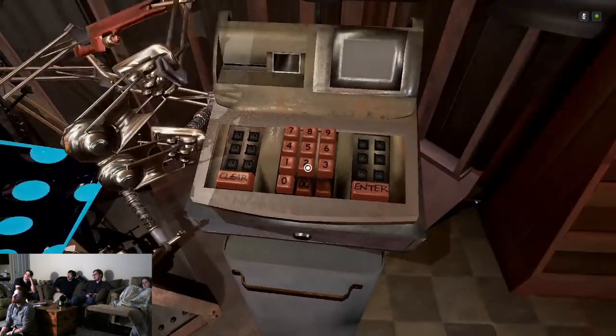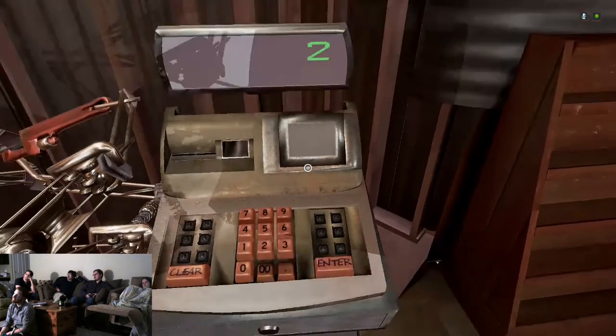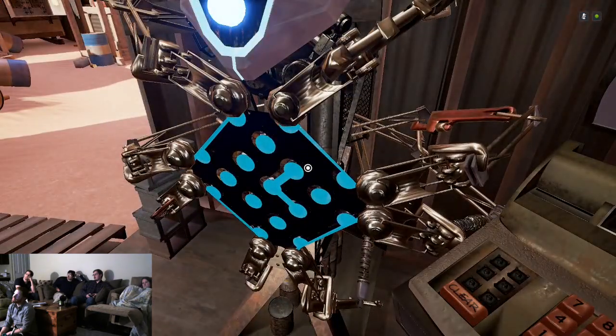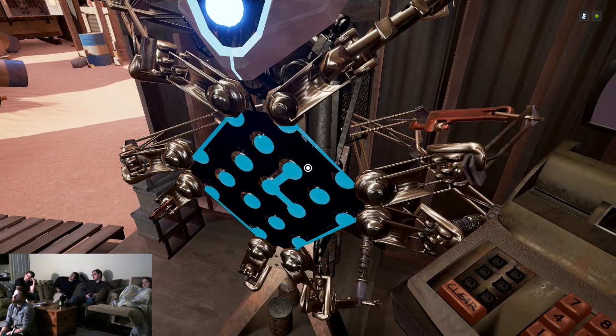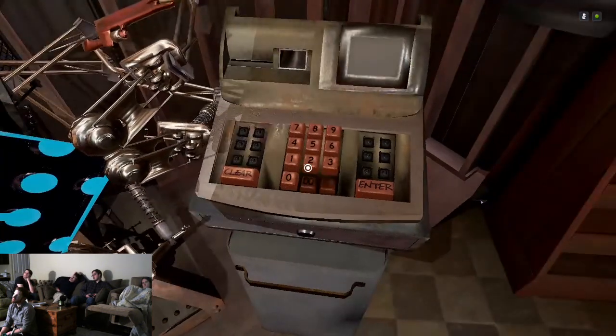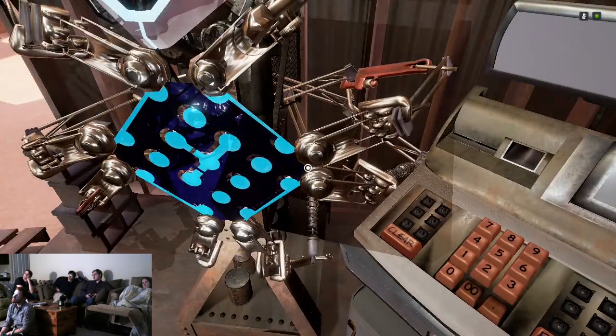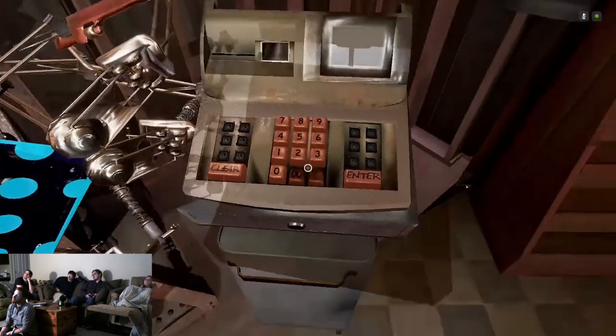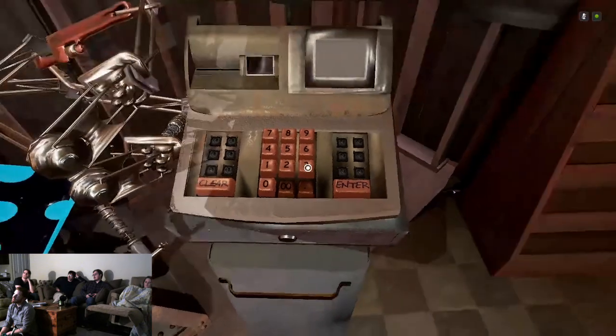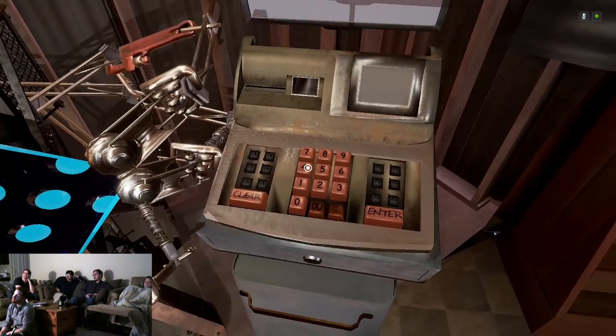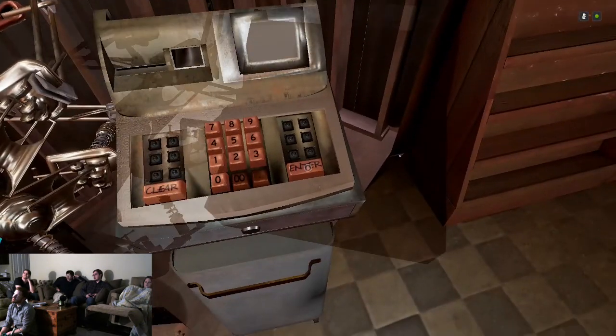So put in a 2. Okay. We do need that. 2 connections, okay. Don't do 3 connections. I'm gonna bet this would be 4 connections.